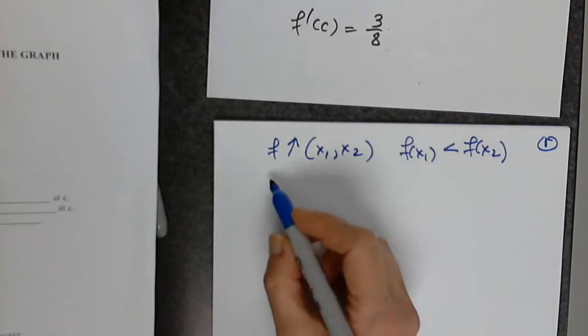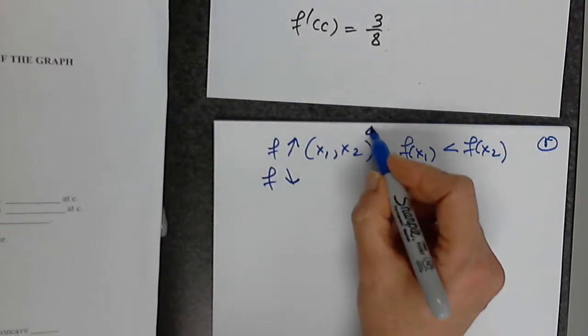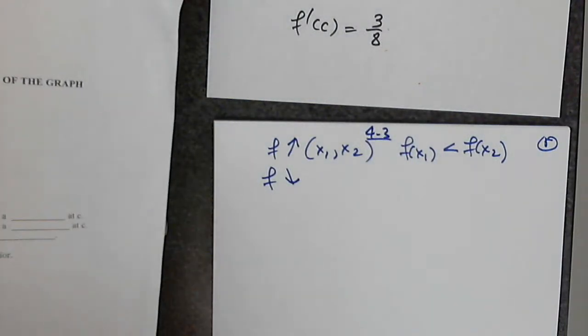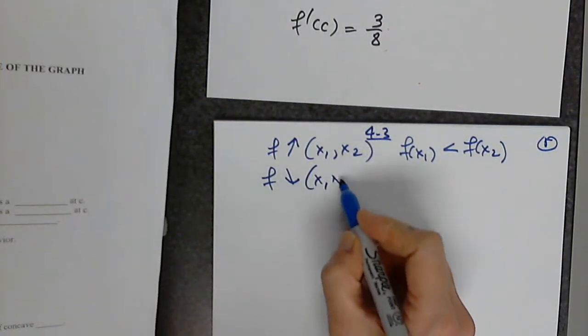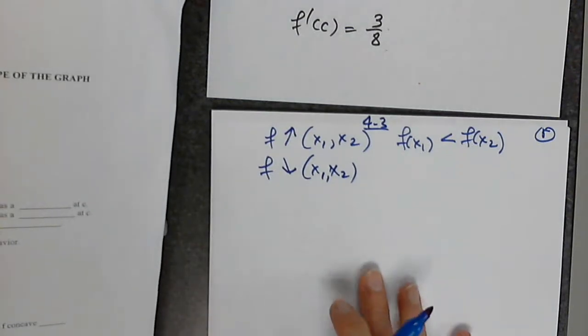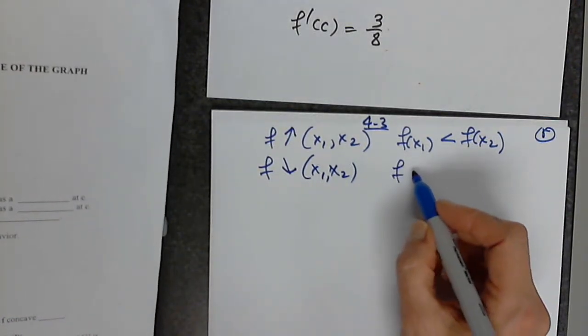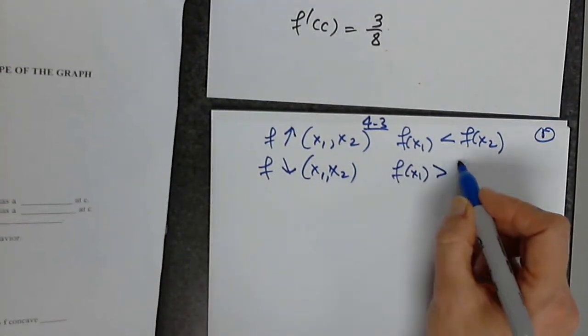A function is decreasing. So this is section 4.3. It is decreasing on the interval x1, x2 if f of x1 is greater than f of x2. This is what we know from pre-calc.